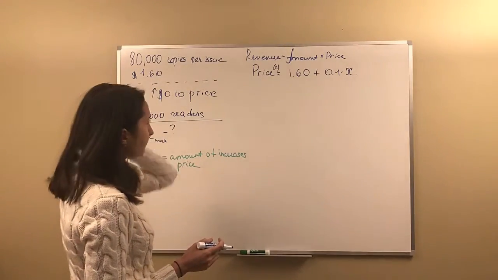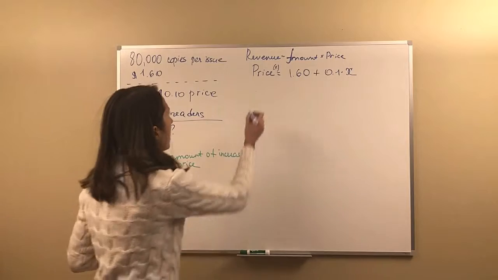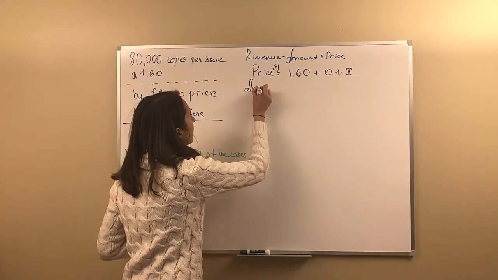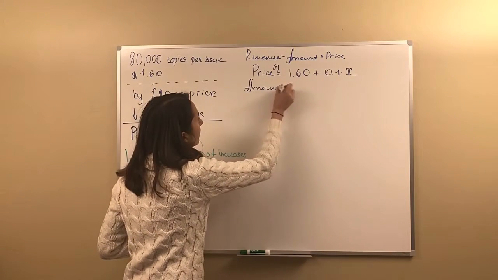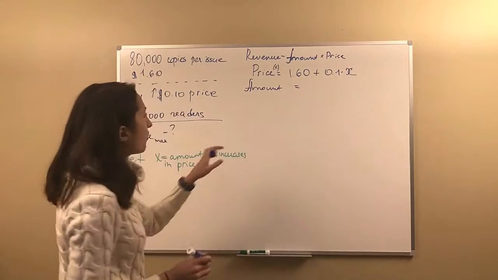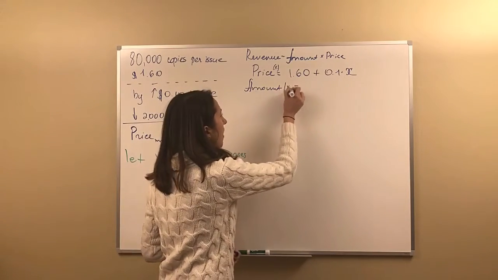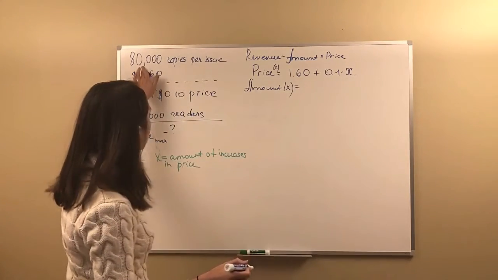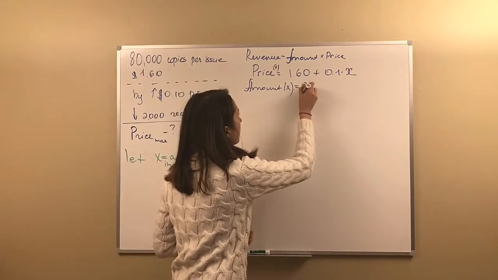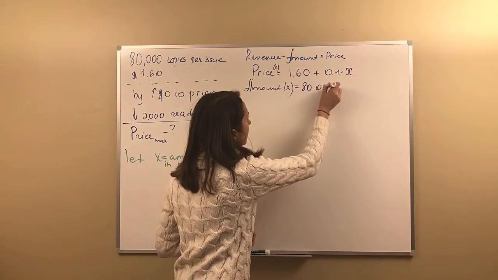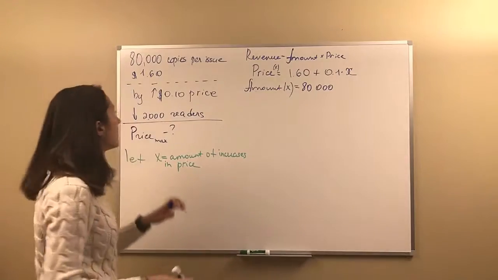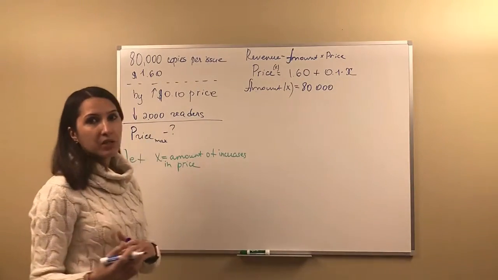Now amount. Let's think about amount, quantity, as well here, and we have to express it through X as well. Again, we start with something already given to us. This is our base data, so 80,000 copies. And now what's happening to it?